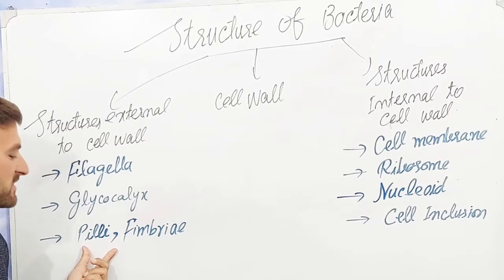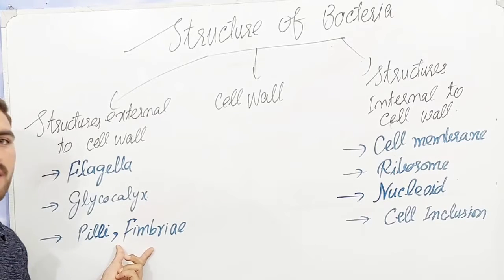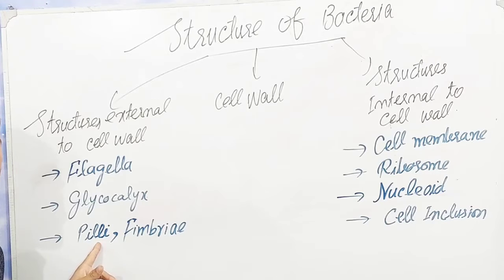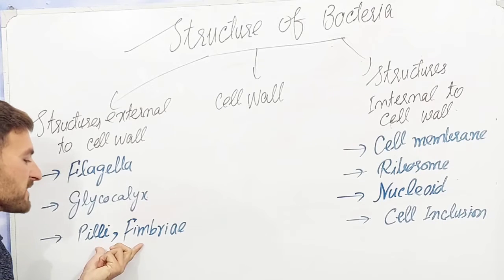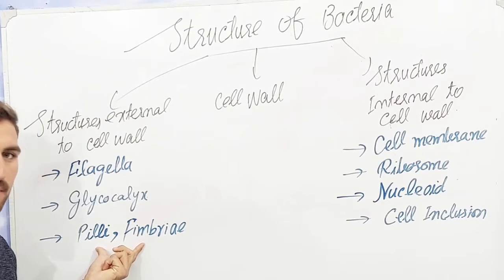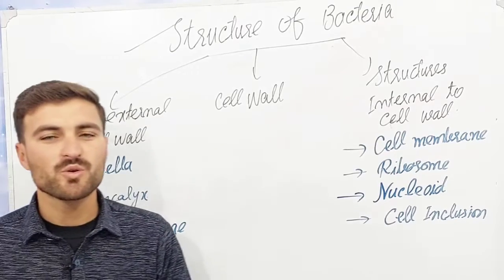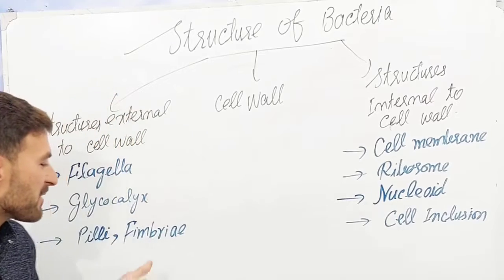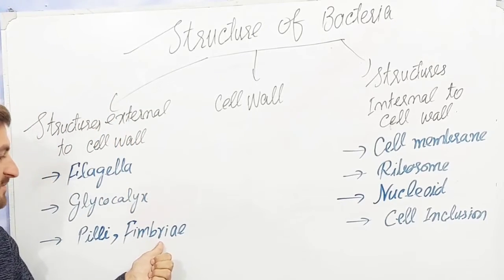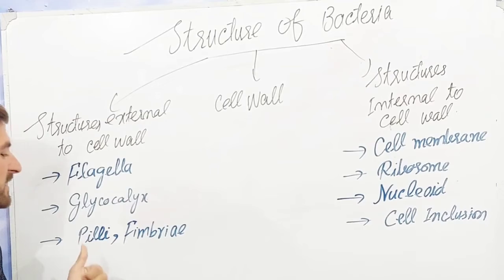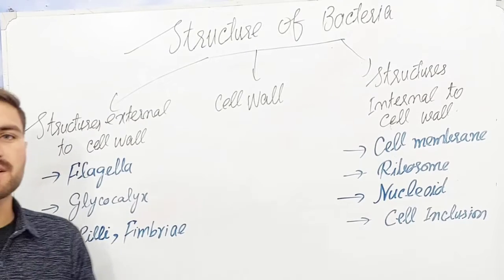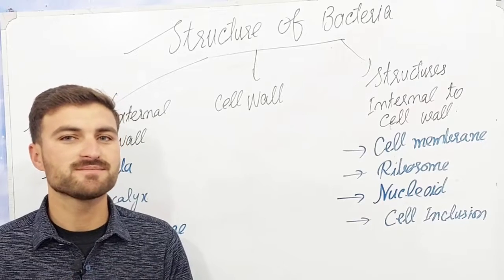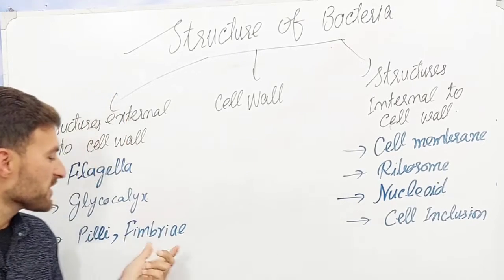In modern research, the fimbriae come inside the pili, but I have written this separately so that you know that in this lecture we are also discussing fimbriae. So in pili, we will discuss the role of pili in the bacteria, and we'll also touch on fimbriae.